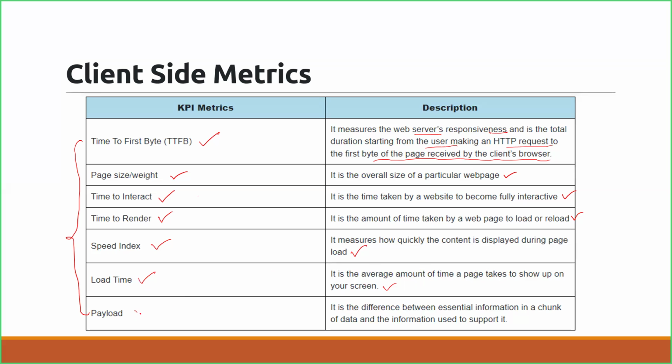And finally, payload. It is the difference between the essential information in a chunk of data and the information used to support it. Generally for POST calls and PUT calls, we get these payloads. The payload holds the data which supports your request. Let us say you are doing user registration.